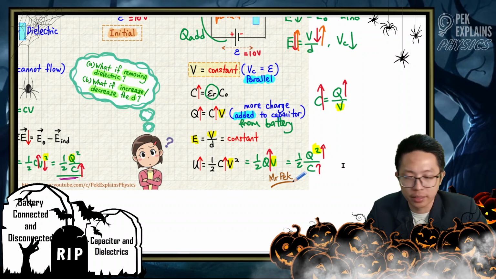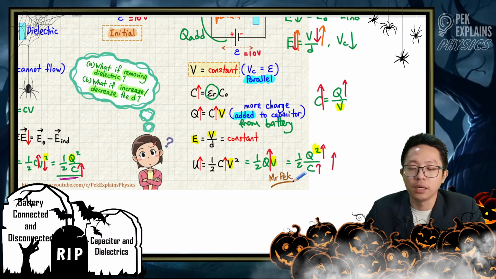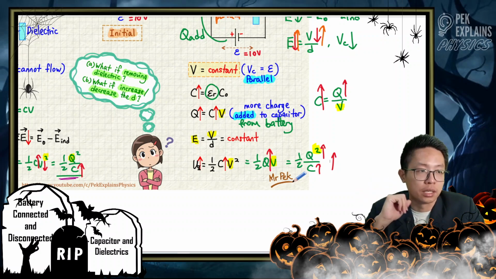That means the charge square increases even faster than the C. So overall it is considered to still increase, because Q has a square. So Q square increases faster than C without square. So overall it increases. So potential energy increases.